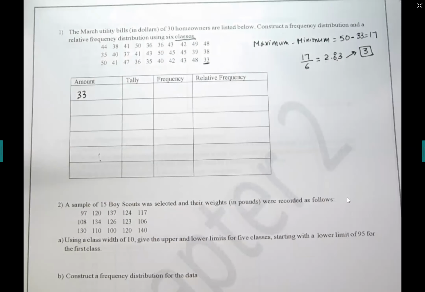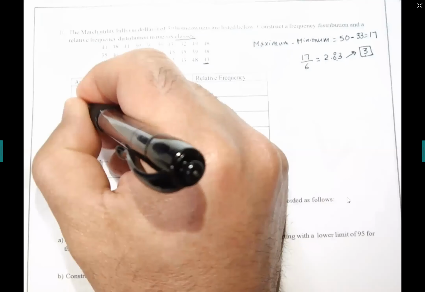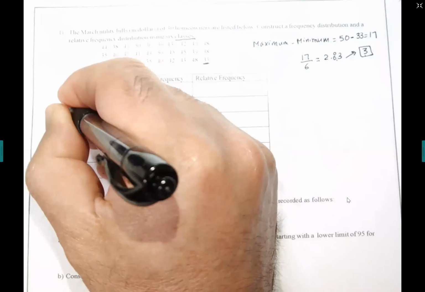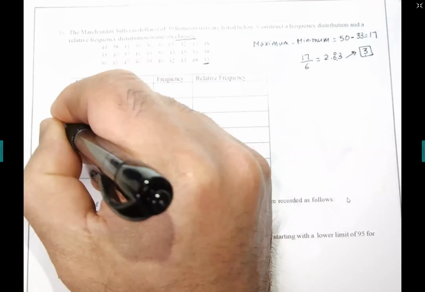What was this number that I just came up with? It's a 3. I would like to add this 3 this way. So plus 3 here. That's going to give me 36.